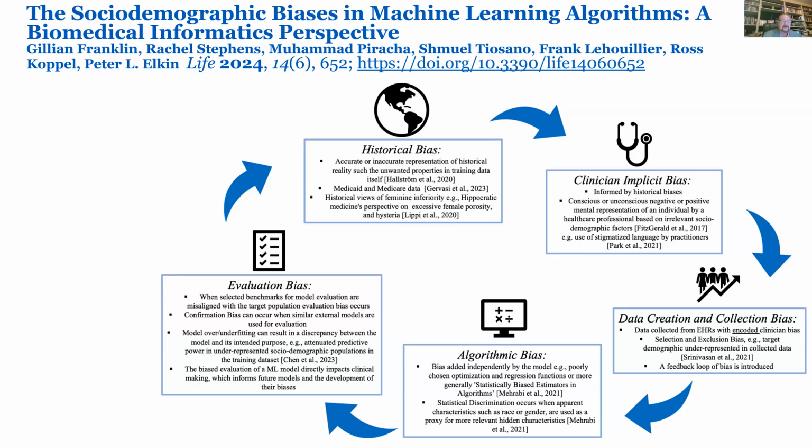We published this in a journal called Life, which is now a Q1 journal, and we found that there's much more than just algorithmic bias. There's all kinds of other biases that creep in, and we have to be on our guard to identify and eliminate them the best we can. This was published, first author was Gillian Franklin, an assistant professor in our department.